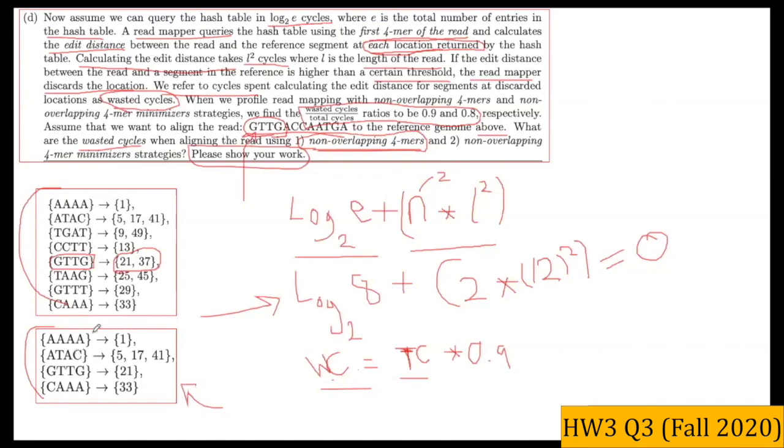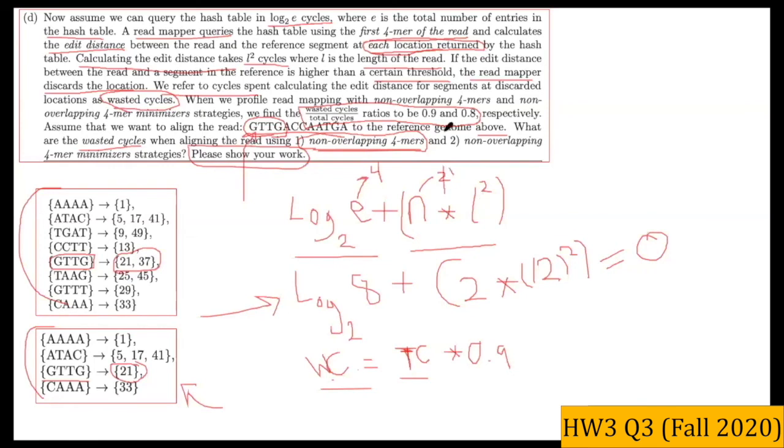So the number of entries in the hash table here is 4. So we substitute 4 here, right? Now, let's look for the same k-mer we extracted from the read, which is GTTG. Do we have GTTG here? No, no, we have it here. Okay, so how many locations do we have? Only a single location. So we are going to perform edit distance only once, and n here will be 1, not 2.